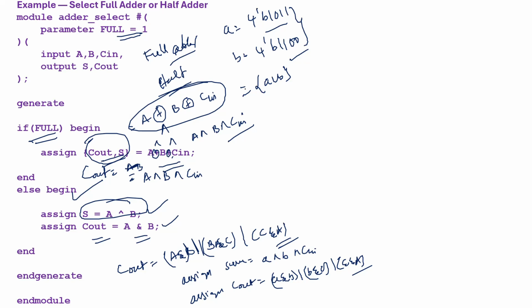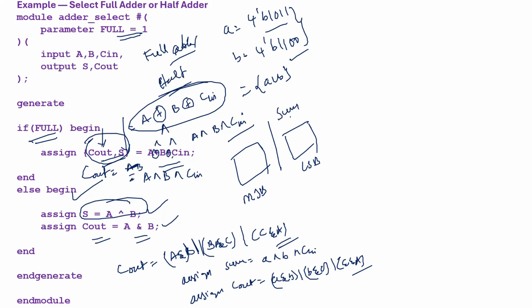If you are using the concatenation here, then the first part is the sum output, and the second part is the carry output. Based on the order you need to consider. This is my MSB and this is my LSB. On the MSB side I have the carry output, and on the LSB side I am getting the sum output.